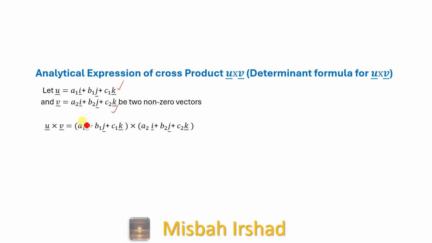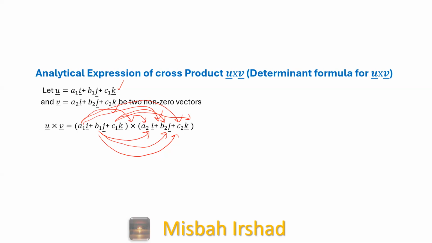And by distributive law, a1 a2 i cross i, similarly a1 b2 i cross j plus a1 c2 i cross k, and similarly we have b1 a2 j cross i, b1 b2 j cross j, b1 c2 j cross k, and plus c1 a2 k cross i, c1 b2 k cross j, and c1 c2 k cross k.